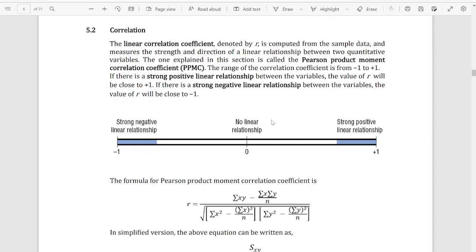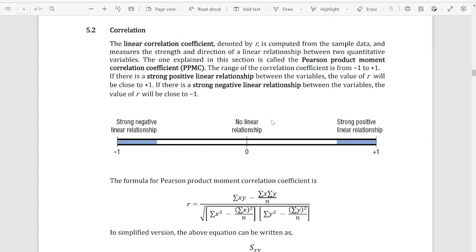Okey? Faham ya? Okey, dan nilai korelasi ini adalah antara negatif 1 dan 1. So the negative sign will give you the direction, whether it is a positive relationship or negative relationship. So the sign positive and negative akan menentukan sama ada dia mempunyai direct relationship ataupun indirect relationship. Okay, that is the use of the sign, whether it is a negative value or a positive value.